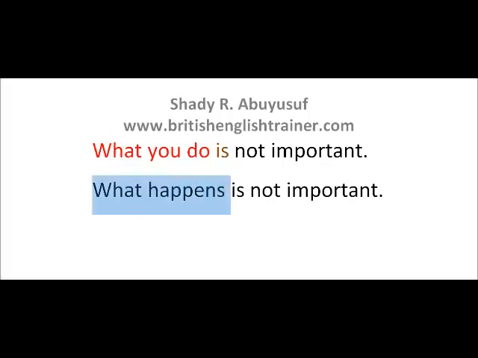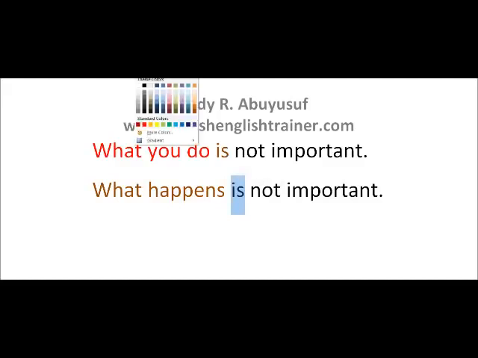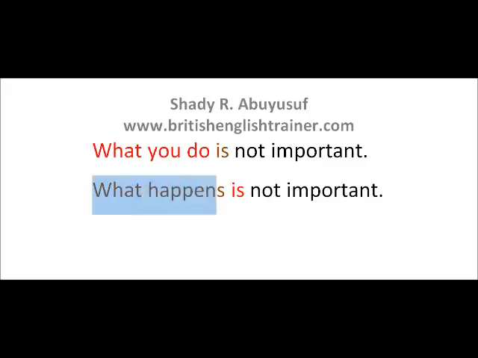And where is the main verb? Is is the main verb. So what happens is not important. What happens is a noun clause, and what you do is also a noun clause.